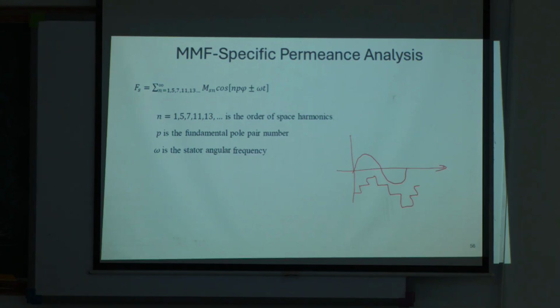If I do a harmonic analysis of this waveform, I will have a fundamental component which is of interest plus higher order harmonics. Those higher order harmonics are called space harmonics. That is because of the spatial distribution of the three-phase windings. We also will have time harmonics later on when we use an inverter and inject time harmonic currents. But that is for another day.